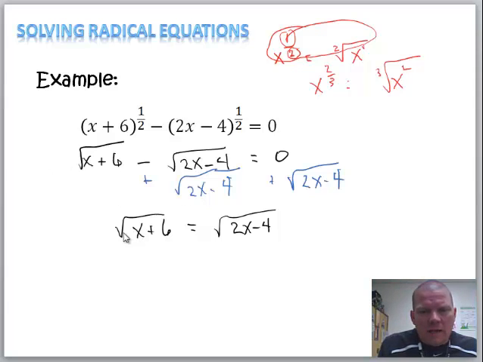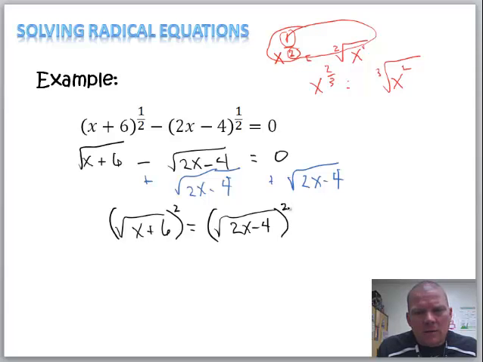Right, so now I've got this to where I can go ahead and raise both sides to the second power, since it was already solved for the square root, and that gives me x plus 6 equals 2x minus 4. And just solve this thing by doing your inverse operations.